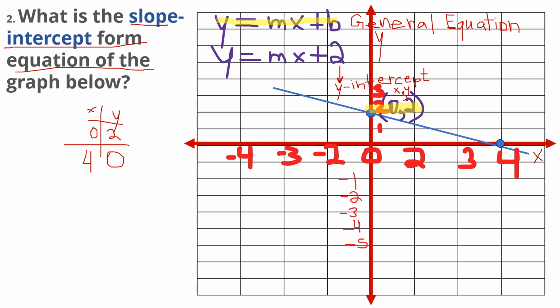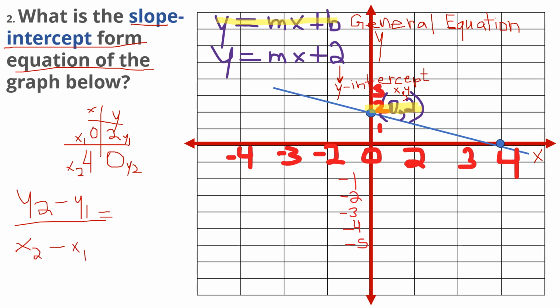This is y1, and this is y2, and this is x1, and this is x2. Remember, the slope is the second value of y minus the first value of y, over the second value of x, x2, minus x1.